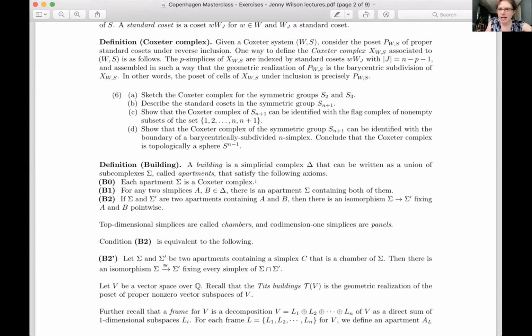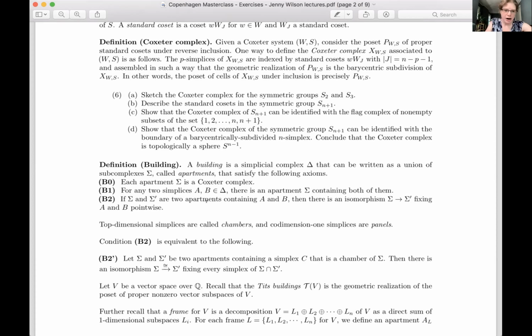The first is to check that every apartment is isomorphic as a simplicial complex to a Coxeter complex. There's a definition of that, and we talked about how these apartments look like barycentrically subdivided boundaries of simplices. So you can understand why that is in fact the Coxeter complex associated to the symmetric groups.